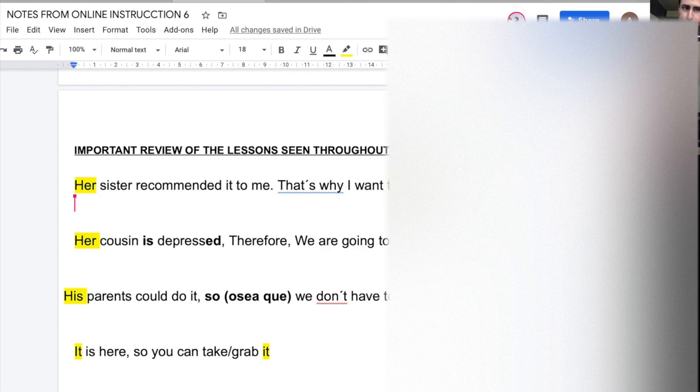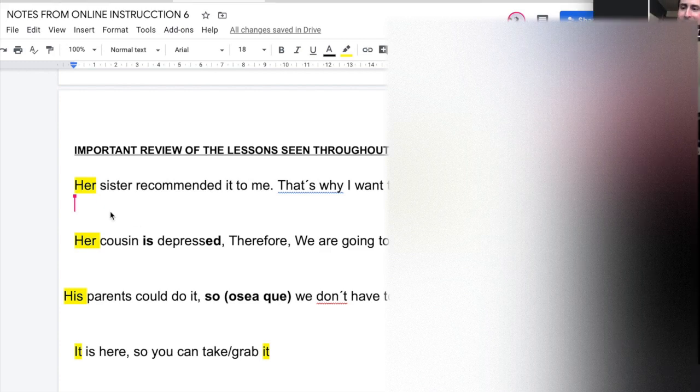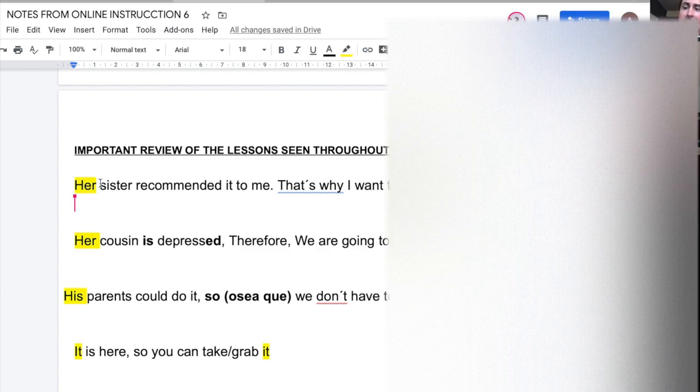In English, do you know that difference? One is the possessive adjective, which is her car, her parents, her eyes, and the other one is pay her, or love her, or give her. Do you understand the difference?